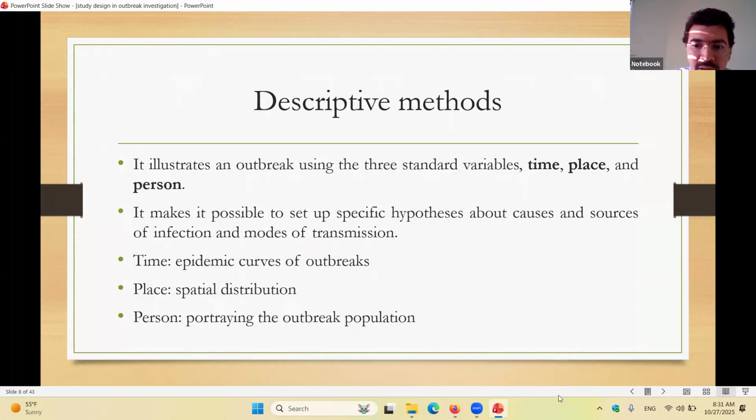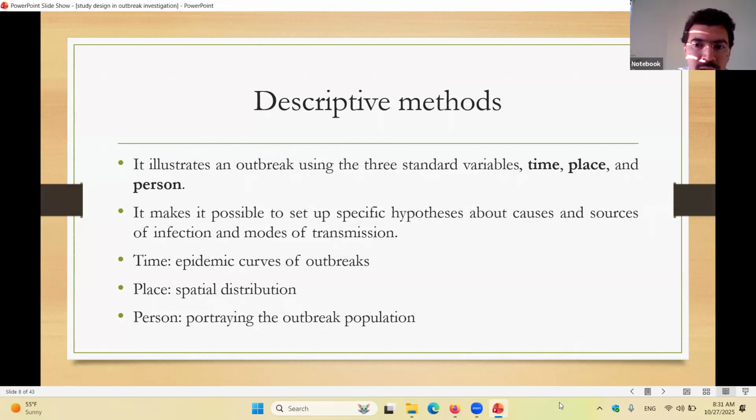First of all, I will give you descriptive methods, and then I will tell you the analytical methods. For descriptive methods, I will give you some points. It illustrates an outbreak using 3 standard variables: time, place, and person.